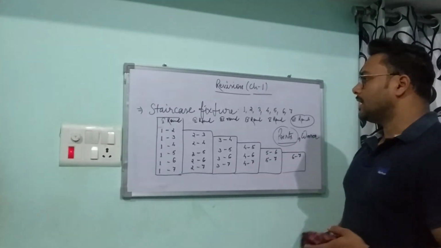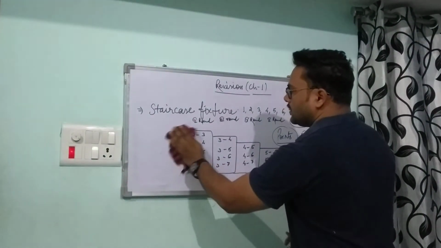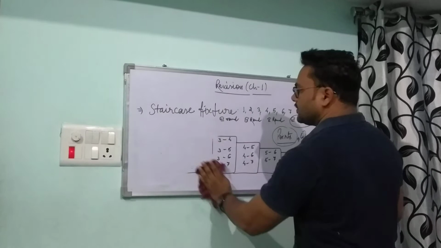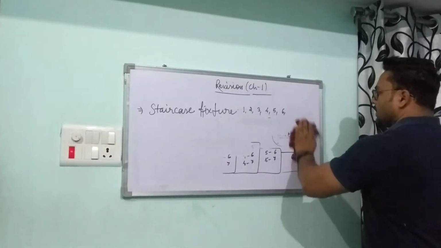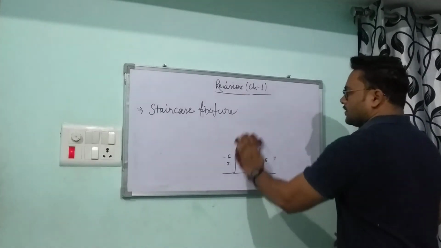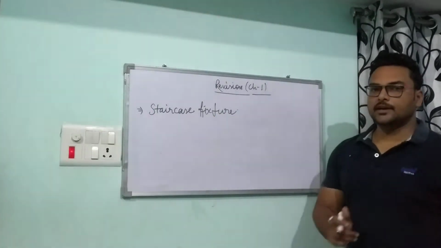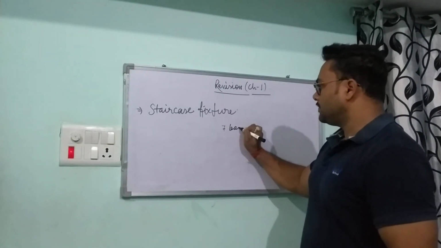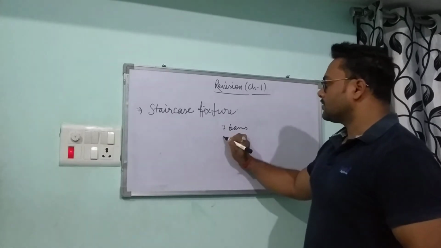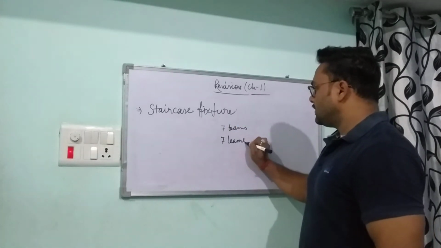One thing I want to tell you, a very important thing. In the last video I did not tell you because that time I did not explain this type of fixture, the staircase fixture. If you remember, in the previous video I told you the knockout fixture of 7 teams, and here also I told you the staircase fixture of 7 teams.